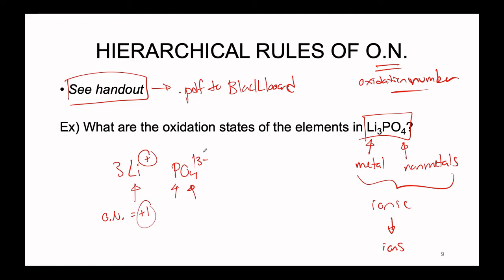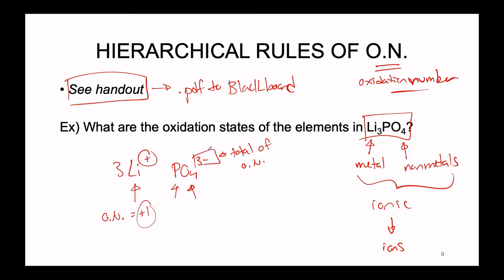Again, the charge on your molecule, in this case the charge on our polyatomic ion, is the total of the oxidation numbers. All of the oxidation numbers between the phosphorus and the 4 oxygens in the phosphate have to equal -3.